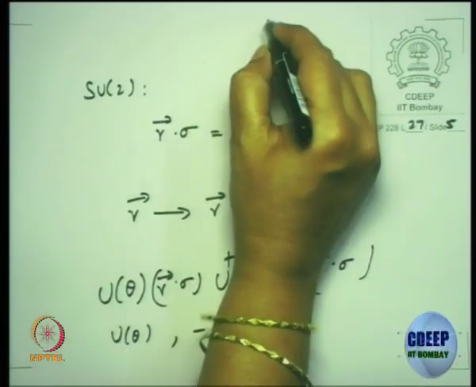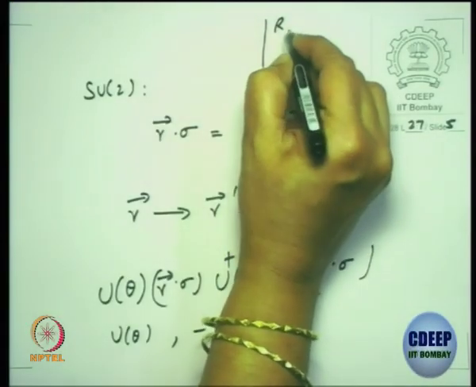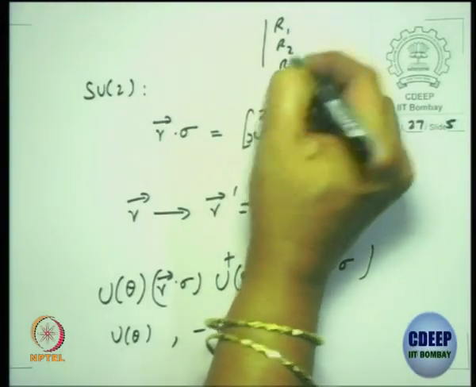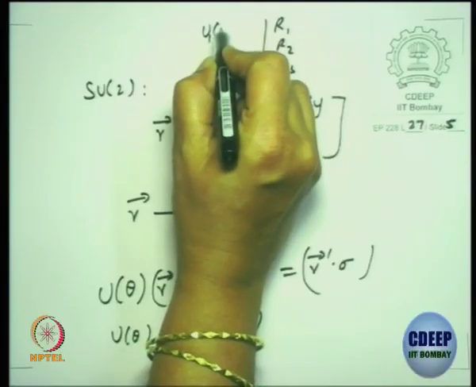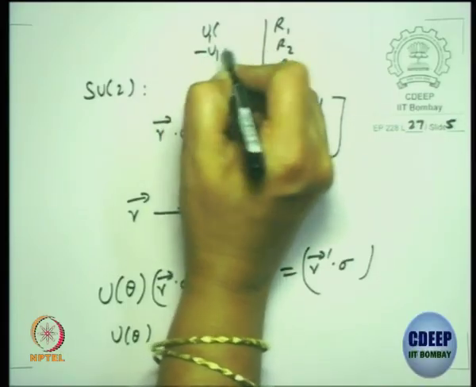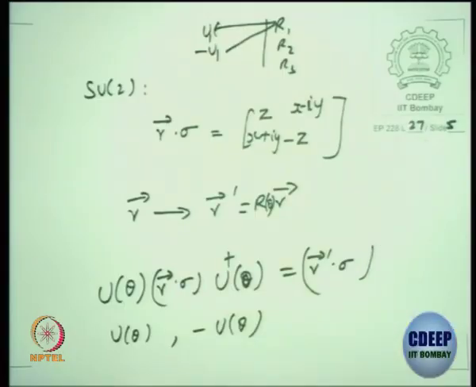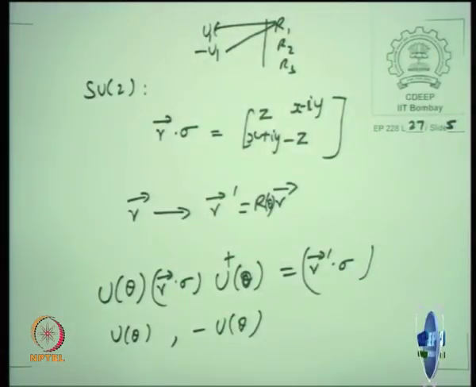So if you write a set of R's, R1, R2, R3, you can have a U1 and minus U1, both of them correspond to this. So that is a subtlety.